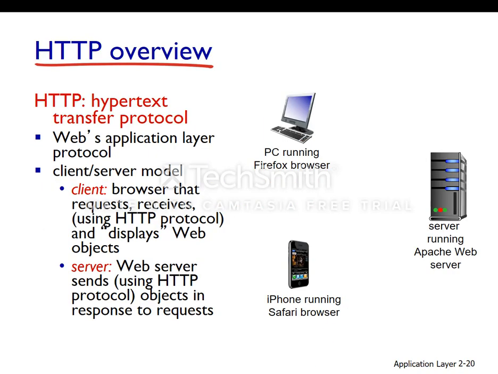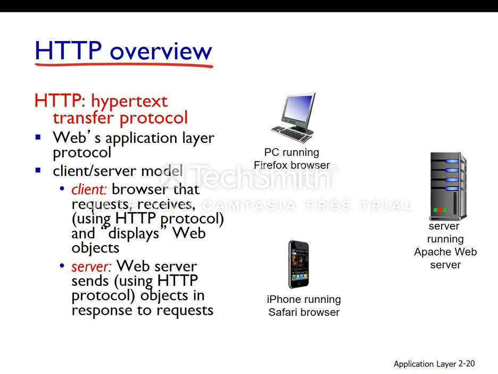So HTTP stands for the Hypertext Transfer Protocol, and it's the web's application layer protocol. HTTP operates on a client-server model. Basically, we have a client, which is a browser, a user agent that will request and receive some objects. And it requests and receives objects using the HTTP protocol, and it displays those web objects, assuming it's a browser.